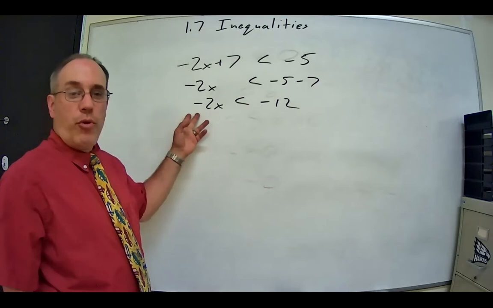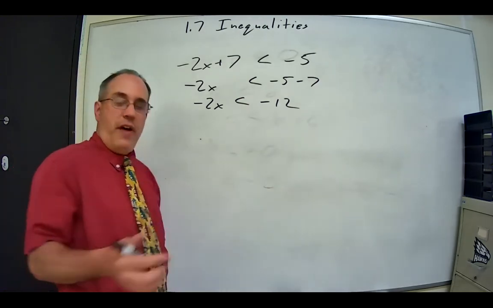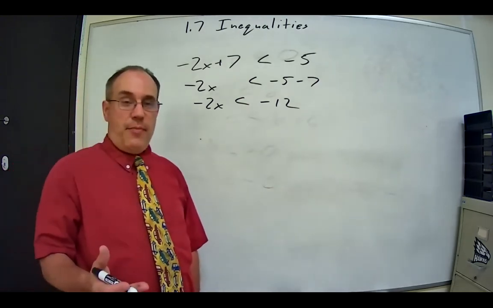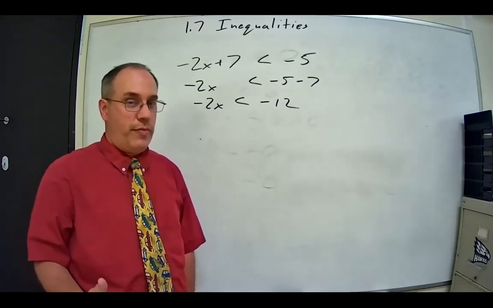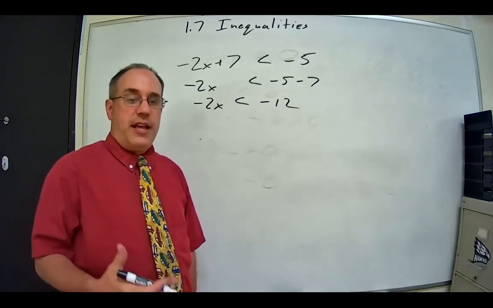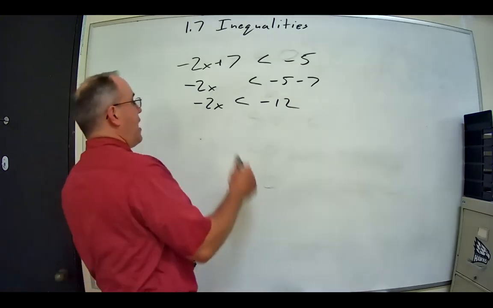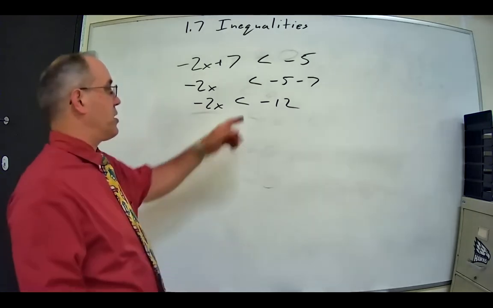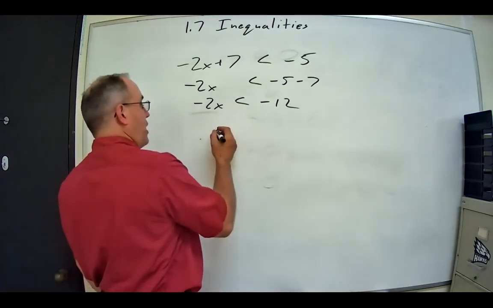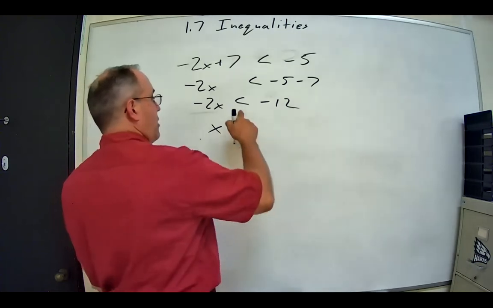And then we want to divide both sides by negative 2. Now, remember, dividing by negative 2 is the same as multiplying by 1 over negative 2, or negative 1 over 2. So that's essentially multiplying by a negative number. If we divide both sides by negative 2, that side becomes x.